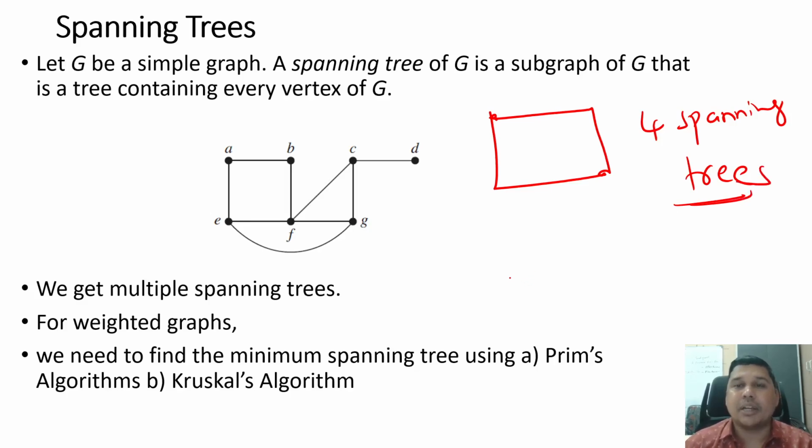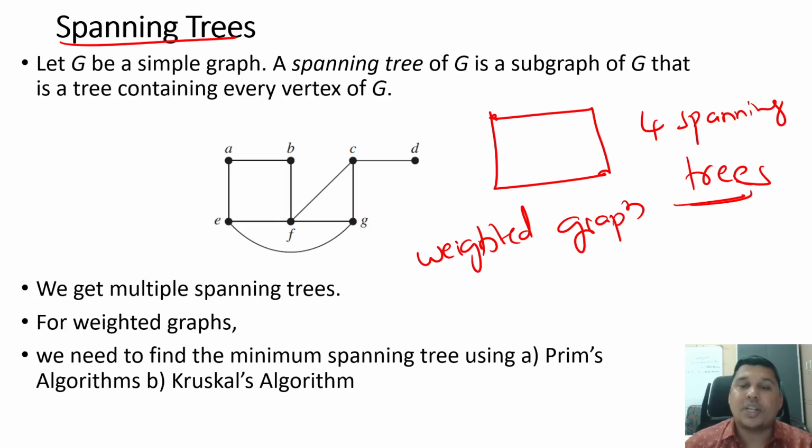Now, the next concept before we go further is the weighted graph. What is a weighted graph? In a graph like this, we may sometimes have a weight on the edge. The weight can be anything.